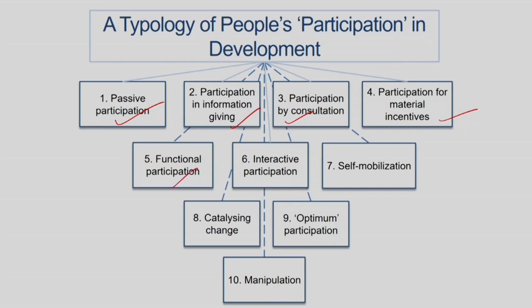A fifth typology is that of functional participation. Here people participate by forming groups or committees which are externally initiated, and these groups or committees are seen as a means to achieve predetermined goals. These groups tend to be dependent on external initiators and facilitators, but may eventually become self-dependent.